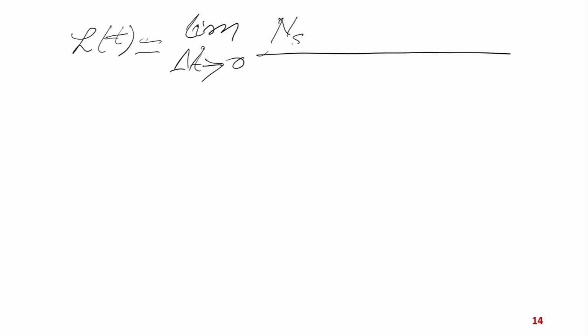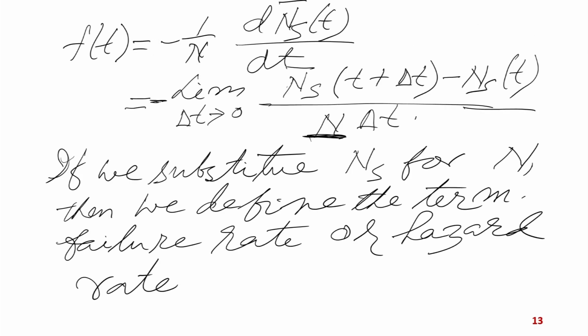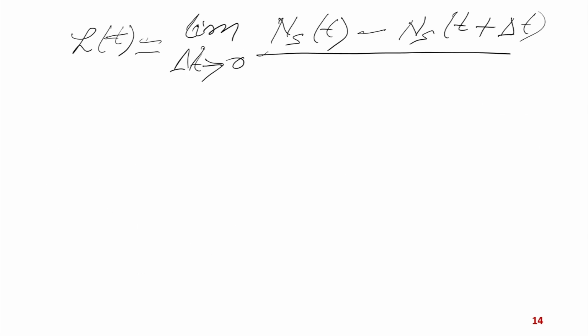So, we will use h t, the hazard function. h t is equal to the limit delta t tends to 0 of n s t minus n s of t plus delta t, divided by n s t delta t. This minus sign we have taken inside.